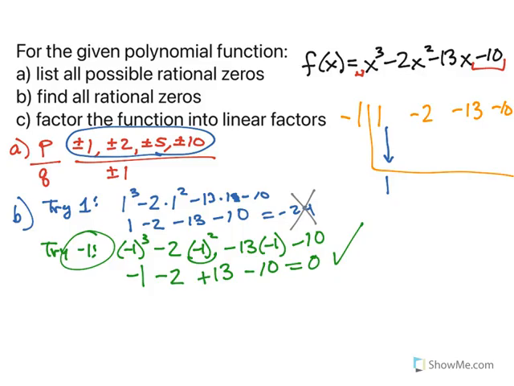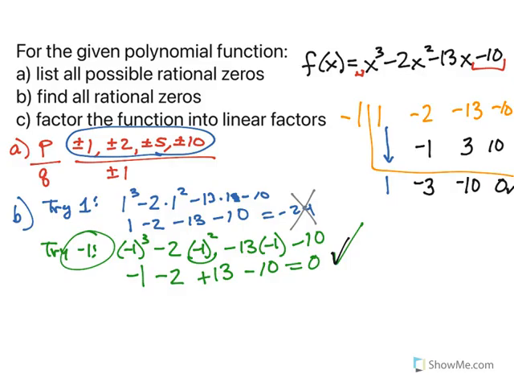So negative 1 times 1 is negative 1. On the inside I add. So negative 2 plus negative 1 is negative 3. On the outside I multiply, I add, I multiply, I add. So you'll notice we end up with a 0 at the end because we should, right? That's the whole purpose, is that if we know it works, we can go from there.